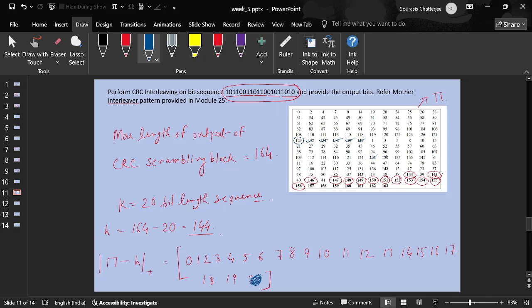If it's 36 bits, then these indices will be something else. For example, this is coming as 1 here, then comes 4, then 6, then 10, 11, 12, and then 0. In that way it's easier to comprehend.